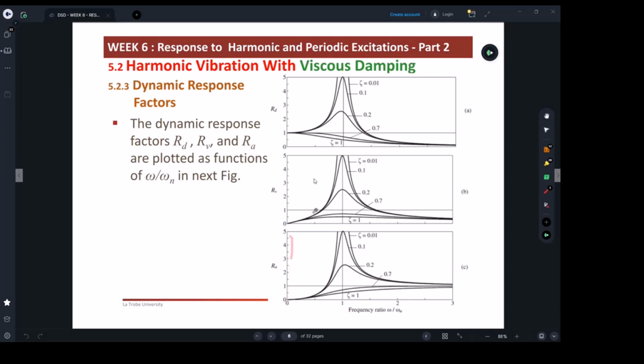And in the vertical axis, we got the 3 parameters I've just defined for you. First one is the displacement response factor or deformation response factor. Then the velocity response factor. The third one is the acceleration response factor. They are all plotted as a function of the frequency ratio in the horizontal axis.